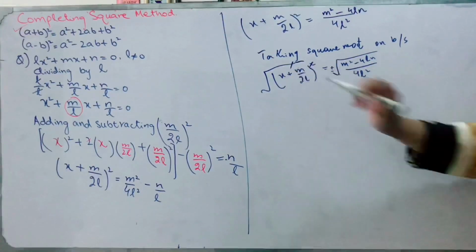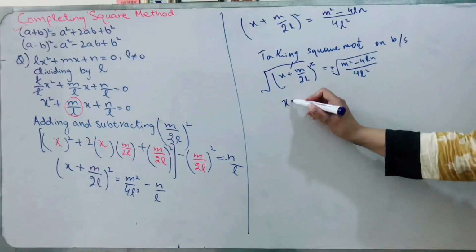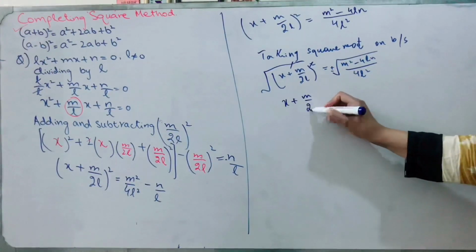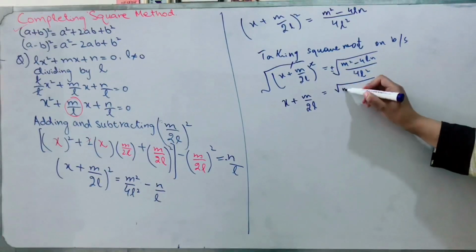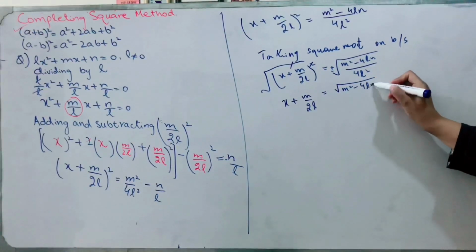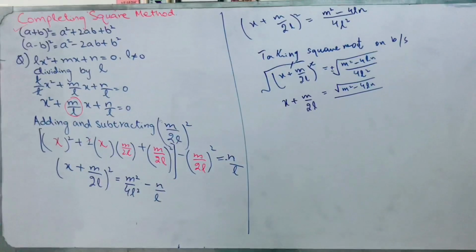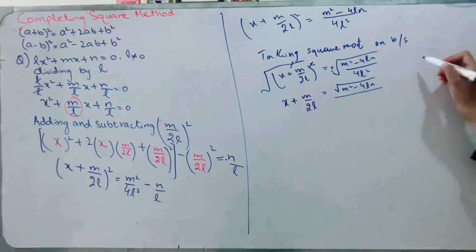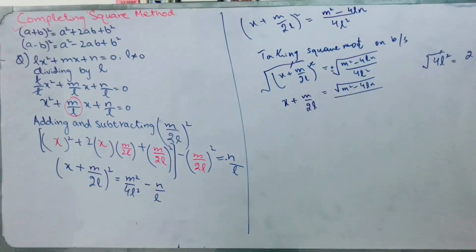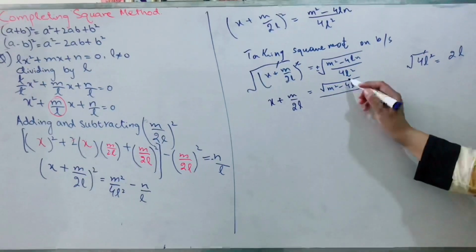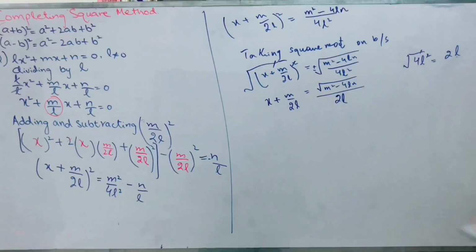This is cancelled out with this, so you are left with x plus m by 2l equals, in your numerator it will remain the same, and the denominator 4l square, I'm doing it here so it becomes clear, 4l square you can write as (2l) square. Square is cancelled out and square root of 4 is equal to 2. So here you will write 2l.